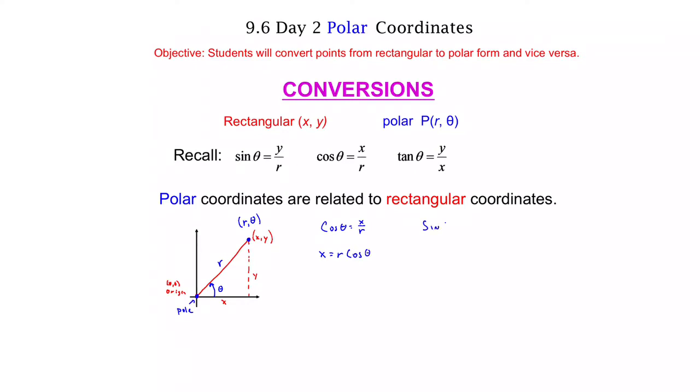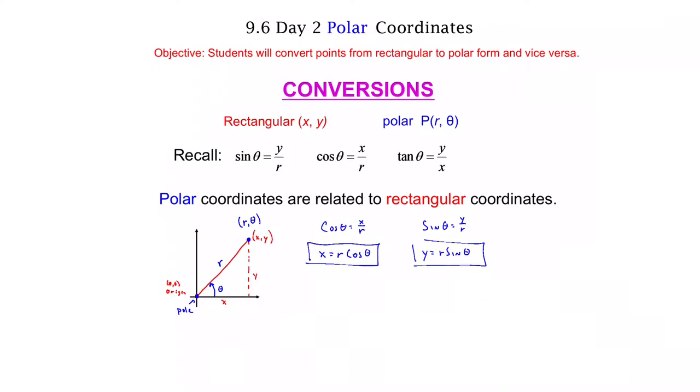Same thing can be done for sine of theta, where the ratio is y over r, multiply both sides by r, and we get y equals r sine of theta. Now why is that important? Well, x, which is in rectangular form, is equal to r times cosine of theta, which is in polar form. Same thing for y equals r sine of theta. So the left side is in rectangular form, the right side is in polar form. So we can use that for our conversions.